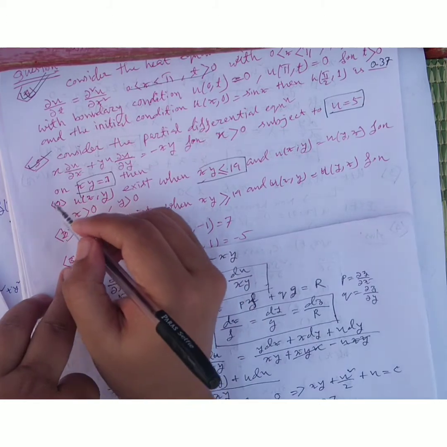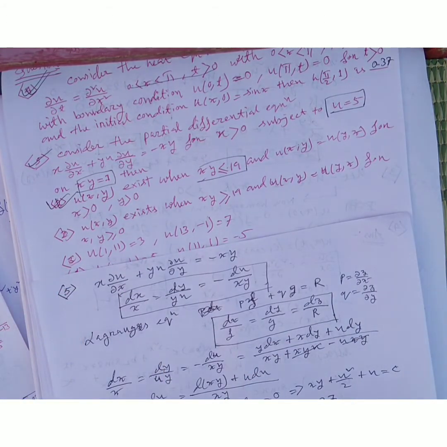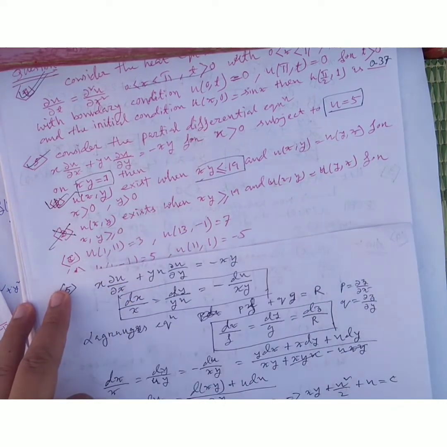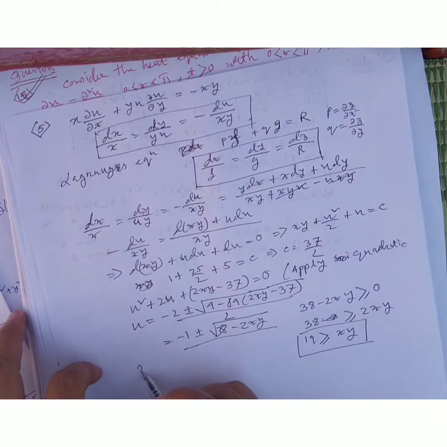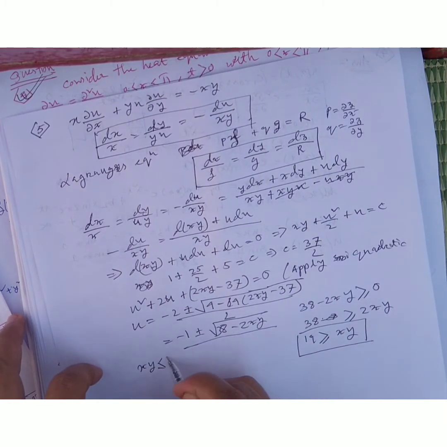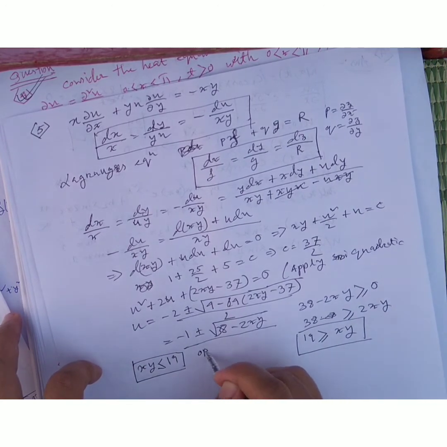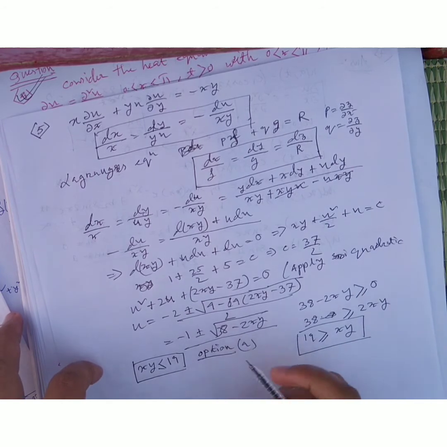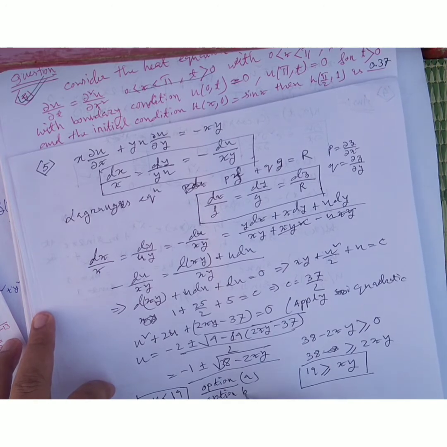So option A is correct, and option B is wrong because option A is correct, as I get xy less than or equal to 19.